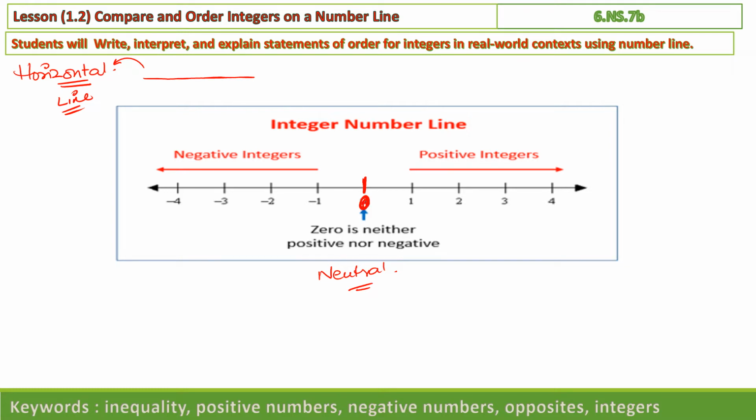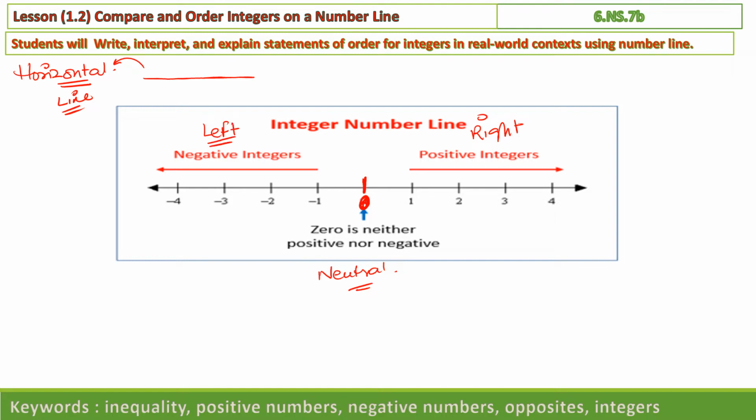On the positive side, you can express the numbers with the positive sign, or if you are not writing any sign, it means automatically it is positive. The numbers written on the left side of the 0 will be expressed by a negative sign.